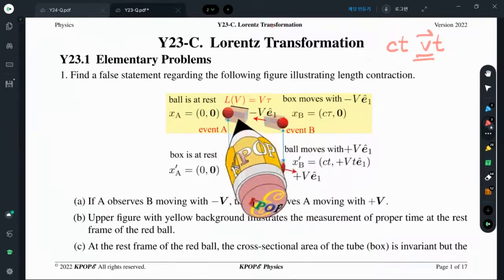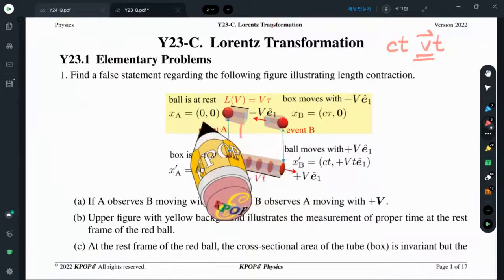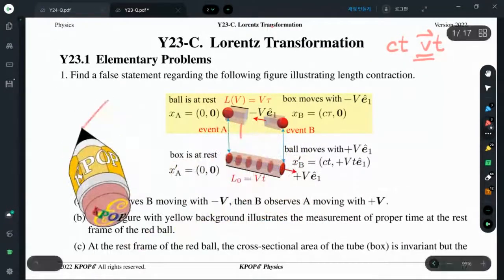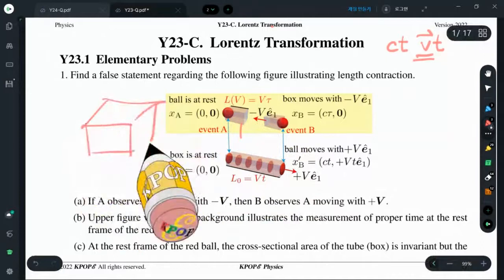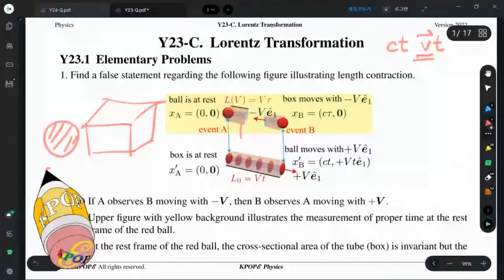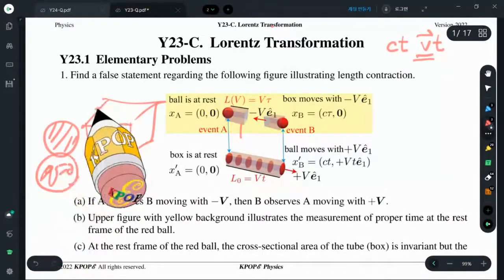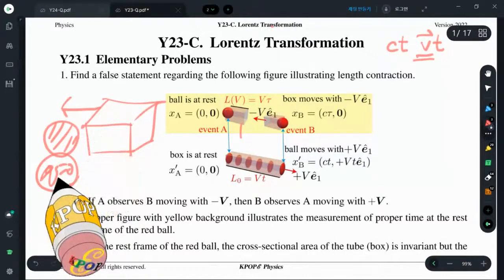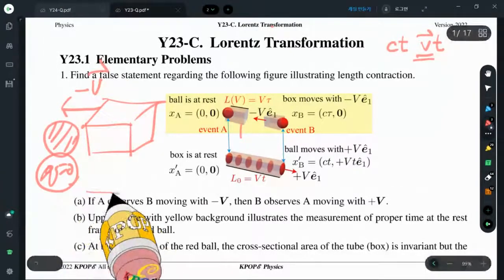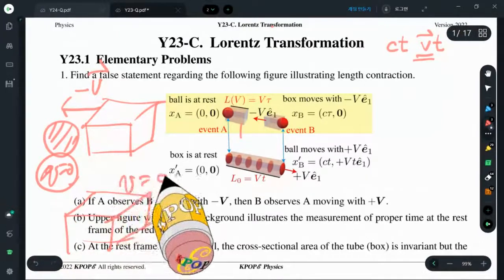You can see there is a tunnel, the pipe or tunnel. Relative to tunnel and ball, red, this is a ball. If the ball is at rest, standing still, v equals 0, then this tunnel is moving backward with minus v. Relative to this tunnel, it is at rest.